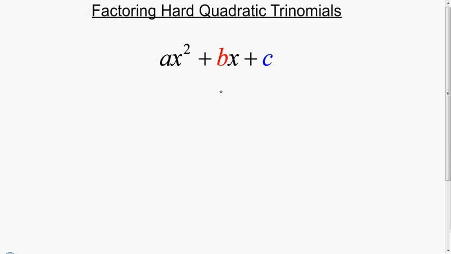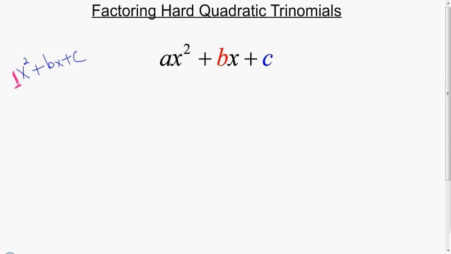Okay, so let's talk about factoring harder quadratic trinomials. Well, if we remember, an easy quadratic trinomial was one that looked like x squared plus bx plus c. And we talked about also is that what made them easy is that the multiplier or coefficient of the x squared term was always 1.